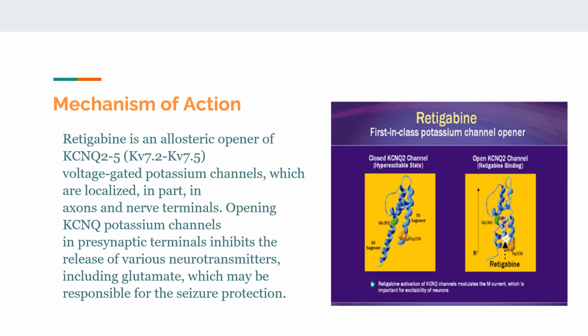As you can see on the screen, the first picture is a closed KCNQ2 channel in a hyperexcitable state, while the second picture is an open KCNQ2 channel with retigabine binding. So you can see the difference.